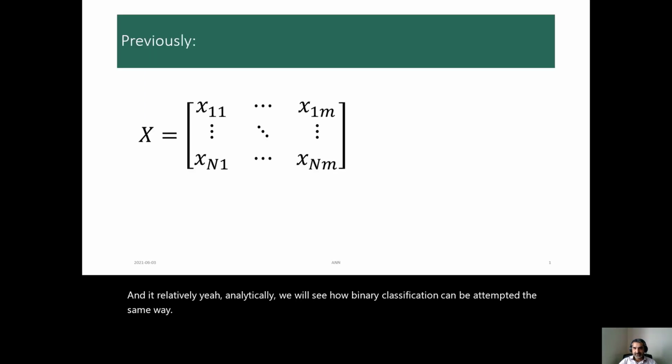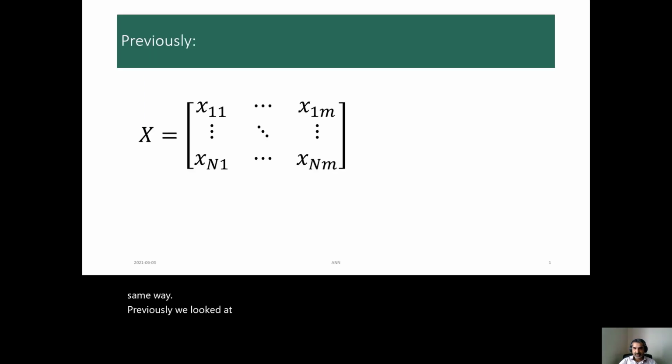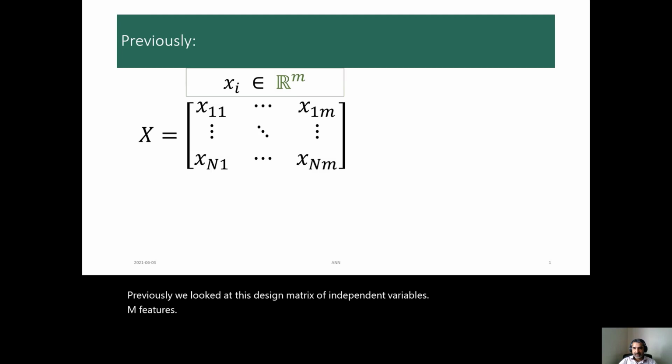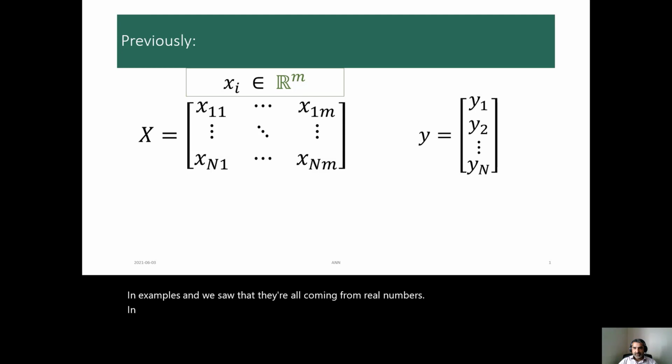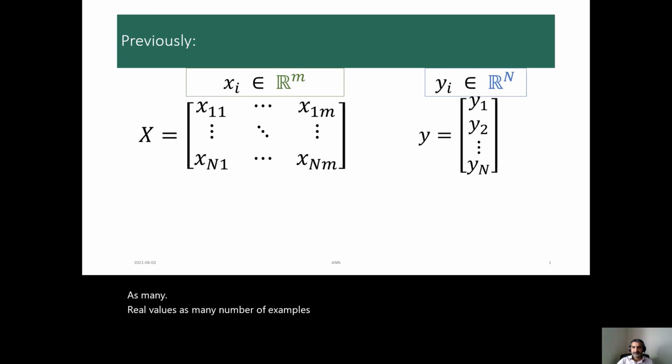Previously, we looked at this design matrix of independent variables, M features, N examples, and we saw that they are all coming from real numbers. And the dependent variable y could have as many real values as the number of examples, rows in the design matrix.